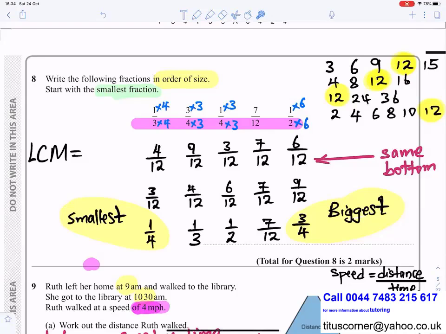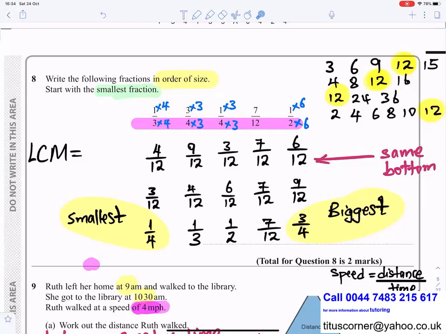You multiply the same number at the top as the same number at the bottom.